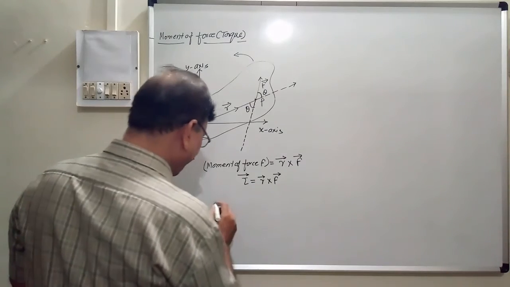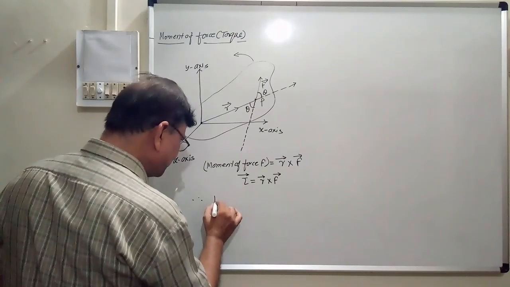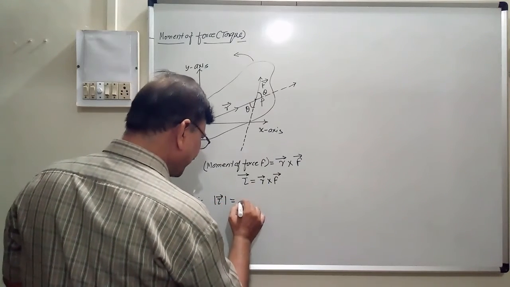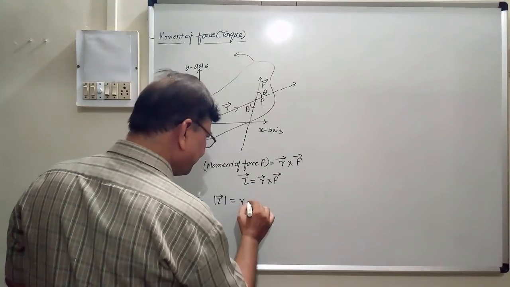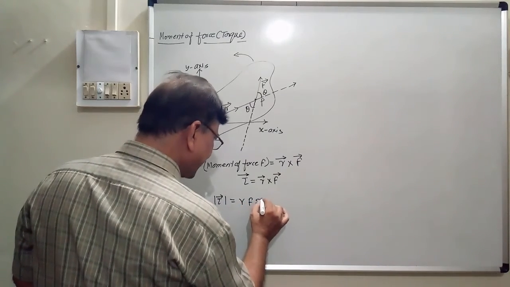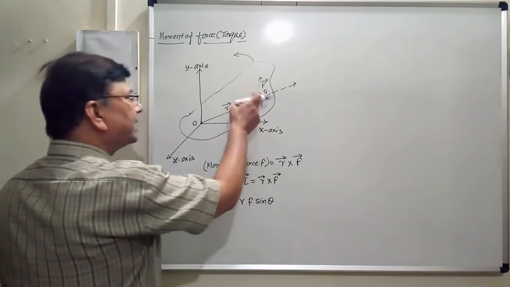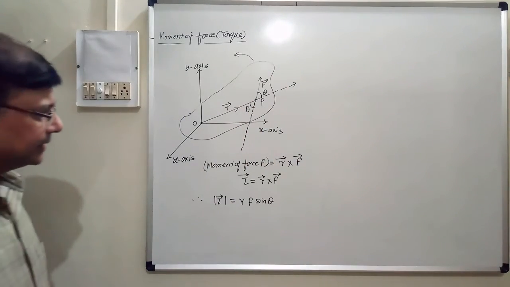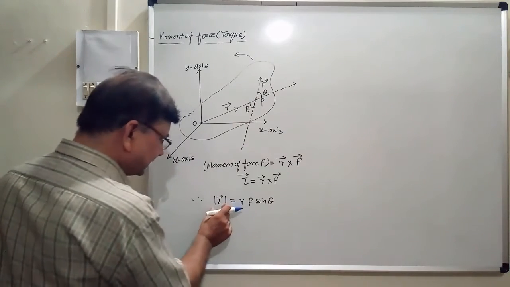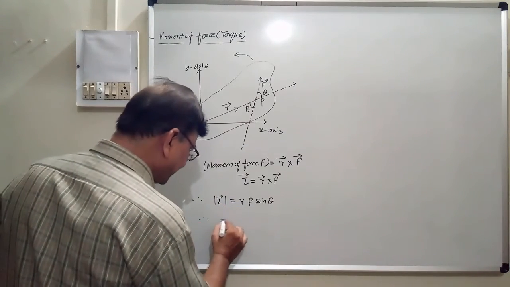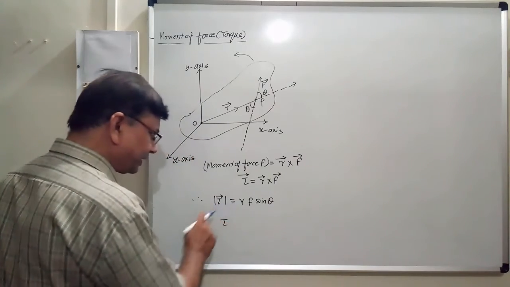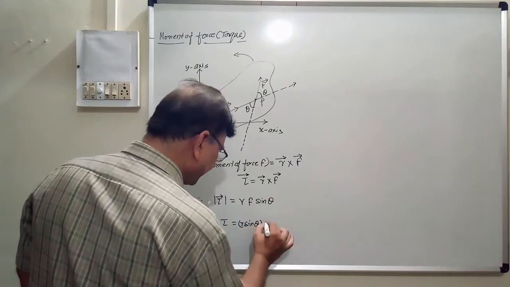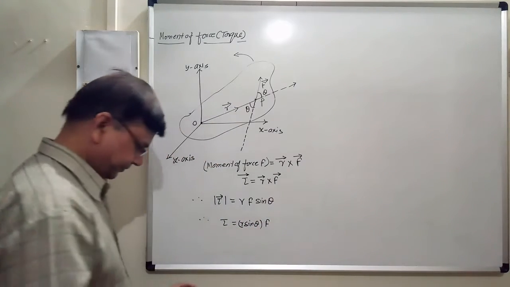Therefore magnitude of tau is equal to magnitude of position vector r, this is F, sine of theta, the angle between r vector and F vector. See, this is called the moment of the force, and this magnitude of tau is denoted by simply tau without putting an arrow at the top, that is r sine theta into F, right?